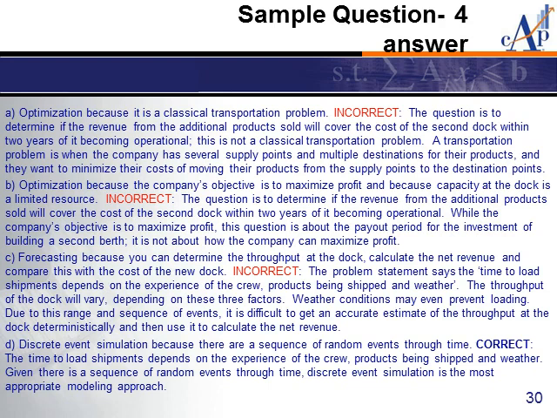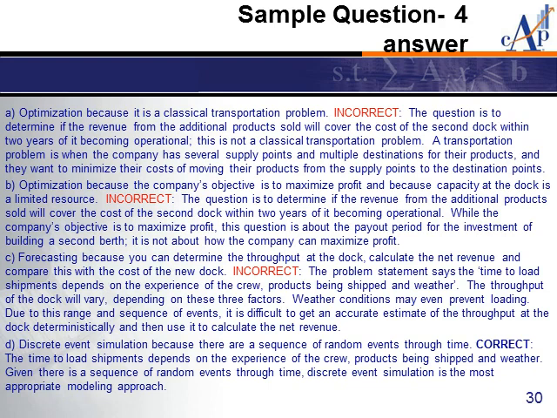Forecasting is useful here, but why it is wrong is that the problem statement says the time to load shipments depends on the experience of the crew, products being shipped, and the weather. For the throughput of the dock, that means there is a variance in these people's abilities and so forth. Once you get into this variance or uncertainty, all the optimization methods are generally irrelevant.